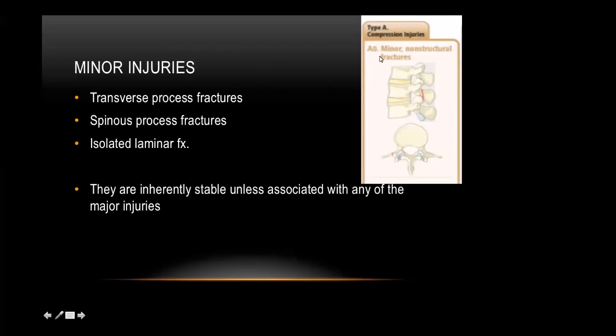It has a component A0, which means that there's an isolated fracture of the spinous process or transverse process, and there's no associated injury to the vertebral bodies or the discoligamentous complex or PLC. So these are all stable fractures. Stable fractures don't need surgery; they need bracing if needed, not in this patient, and some rehab.